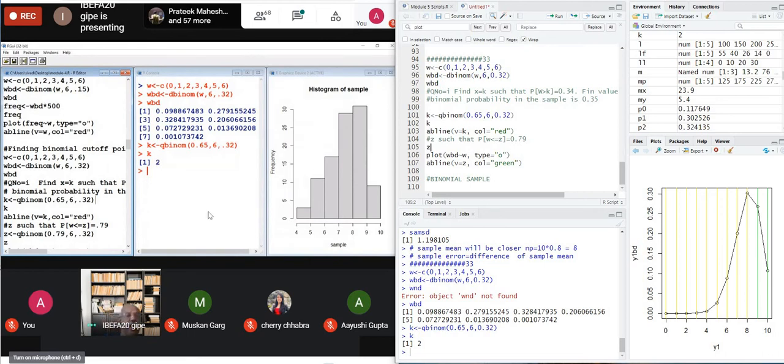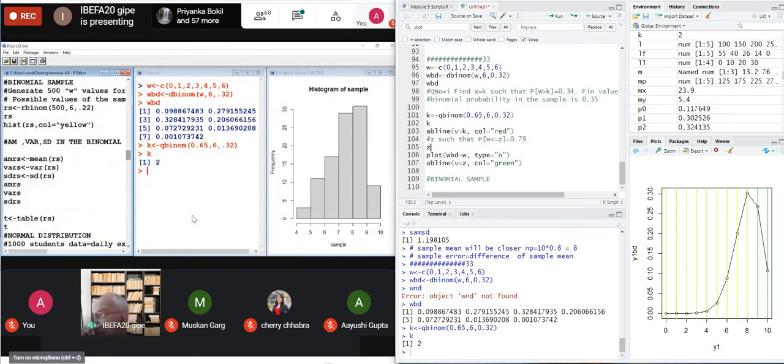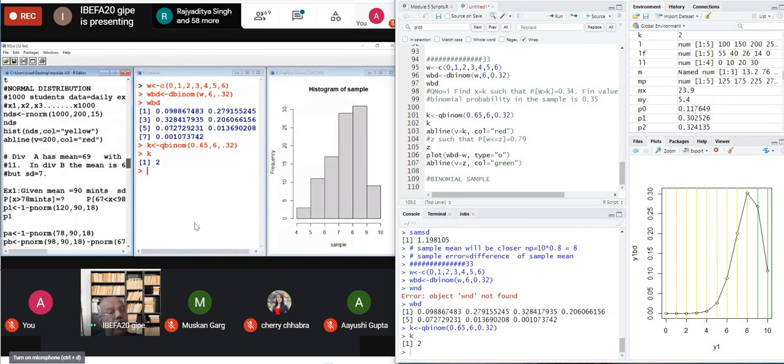Now, all the 4 syntax I have explained to you for binomial. Same way for the normal distribution, but the variable is a continuous variable. No change. Instead of binom, you can say norm: dnorm, pnorm, qnorm, rnorm.